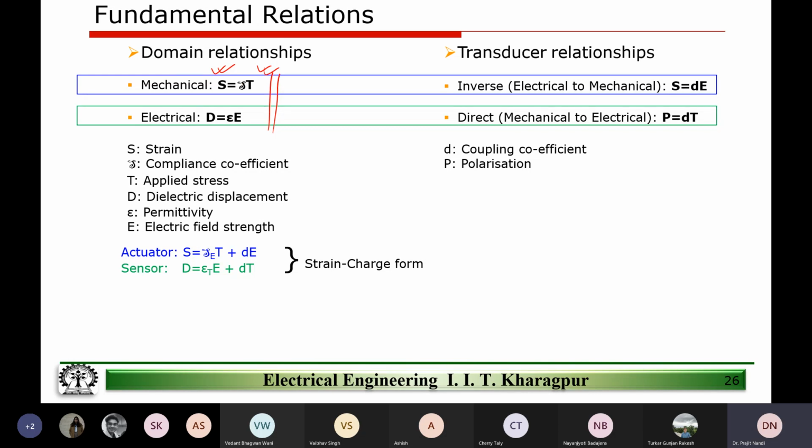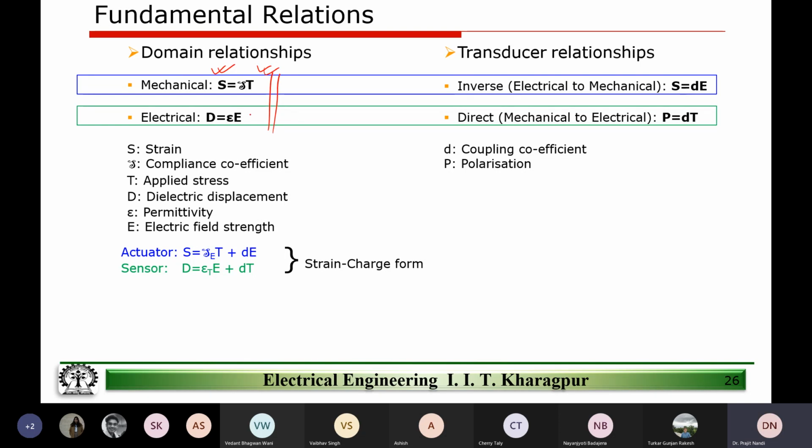The softer the material, the more compliant it is, right? Basically, the strain will be more if the compliance is more, right? The material will comply with the external force, right?